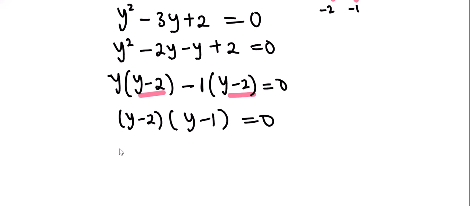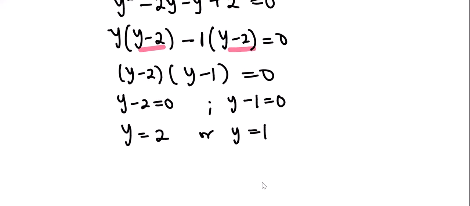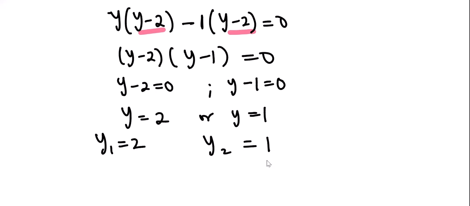So you can say that y minus 2 equals 0, or y minus 1 equals 0. So y equals 2, or y equals 1. In this case, my y1 is 2 and my y2 is 1. Don't forget, we've only been able to solve for y, but the question asks for the real non-zero solution for x.